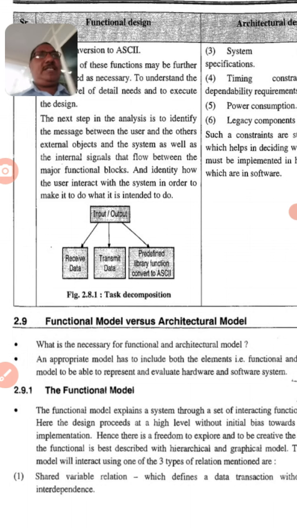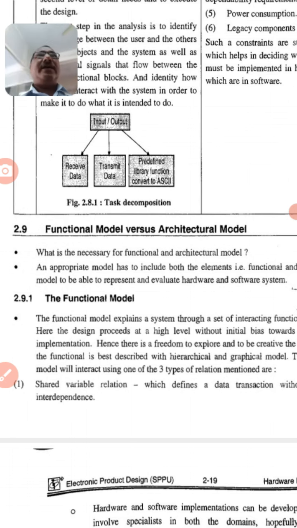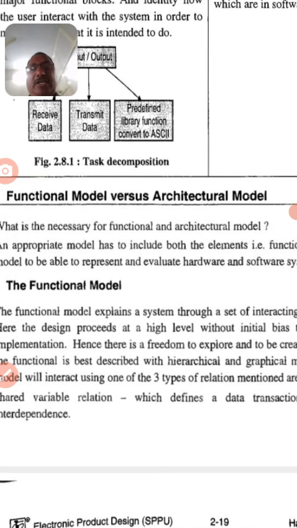It will connect the LED across plus and minus VCC, so that when the power supply is on, the LED will glow. So this is what the functional model is and its output according to the architectural design.